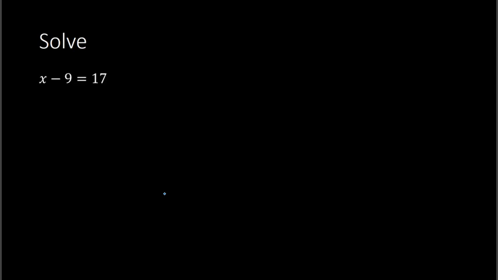So here we have x minus 9 equals 17. So here we see minus 9. We're trying to figure out what x is equal to. So I need to get x by itself. My goal is to find what x is equal to. So at the end, I should have something like x equals and then the number on the right side. So we need to get rid of this minus 9 with the x. So to do that, I do the inverse operation of subtracting 9.